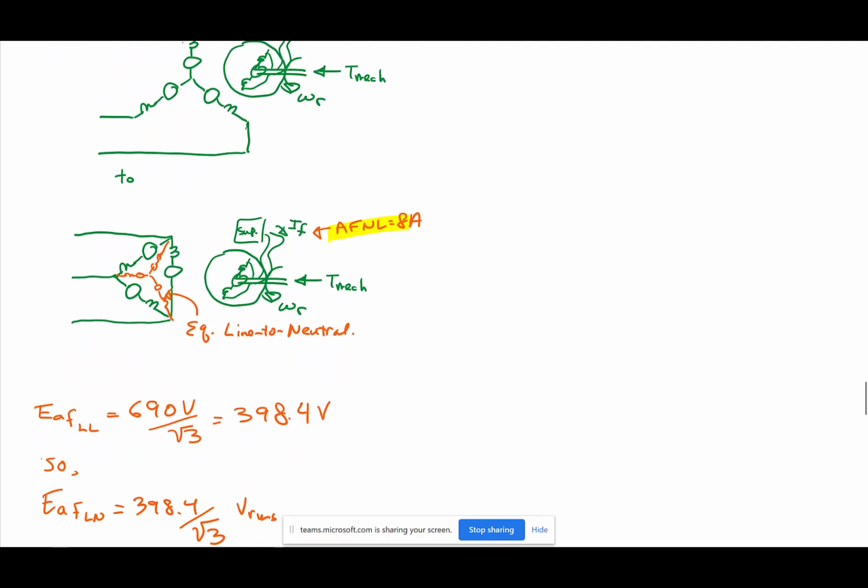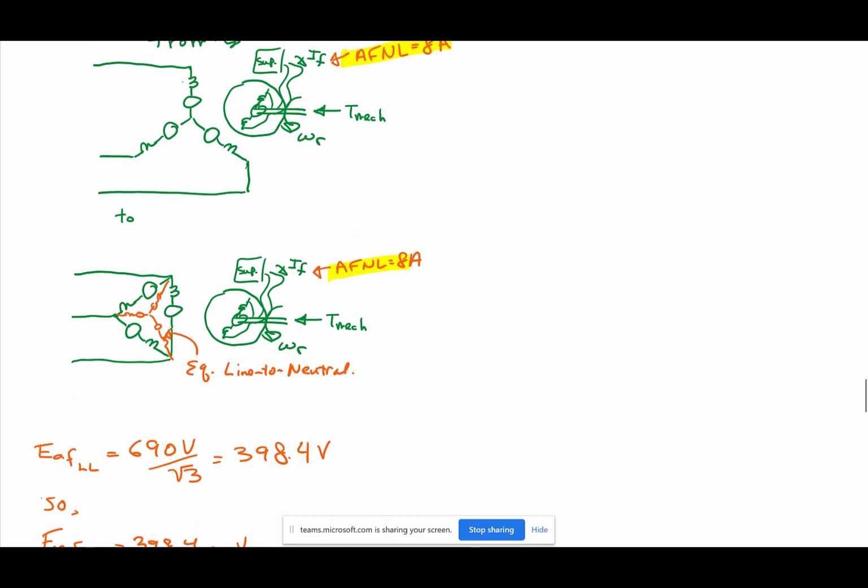Now the key point is this. This is a phase, representing the physical phase of the generator. We're just moving that physical phase and reconnecting it.